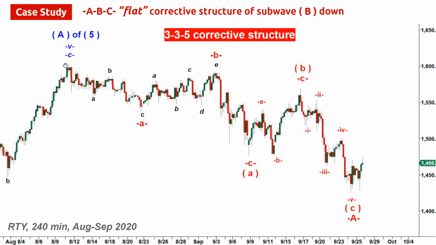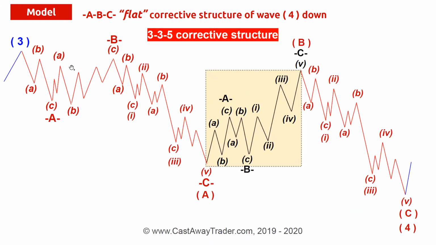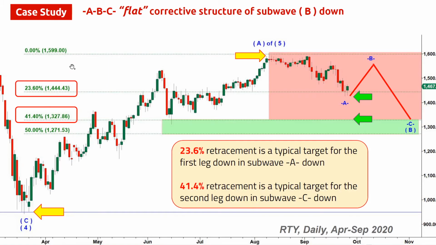Difficult to say, but when we deal with that uncertainty, the first thing we do is measure the rally and add retracement ratios. Let's do that. This is the rally that started in mid-March 2020 and topped in the beginning of August 2020, and we measure the distance and add retracement ratios.